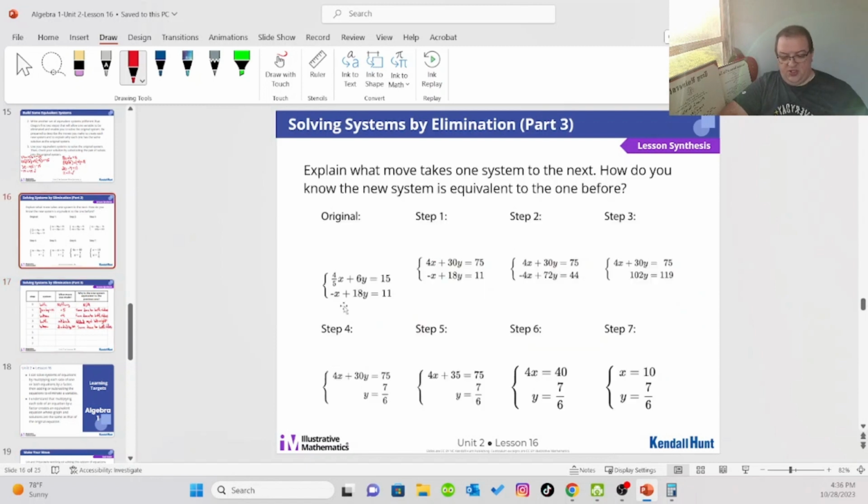To go from 4 to 5, we substituted 7/6 into the top for y.